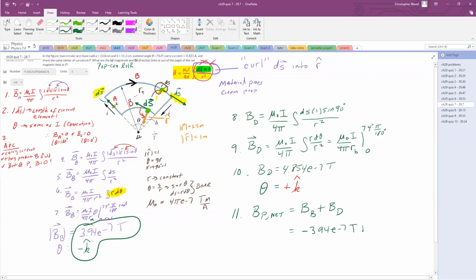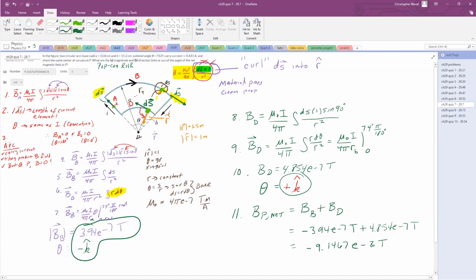Tesla plus BD, and in my case, BD is coming out of the page, so that gets a plus 4.854 E minus 7 Tesla. And the answer is negative. I get a negative 9.1467 E minus 8 Tesla, and it's into the page, or negative.